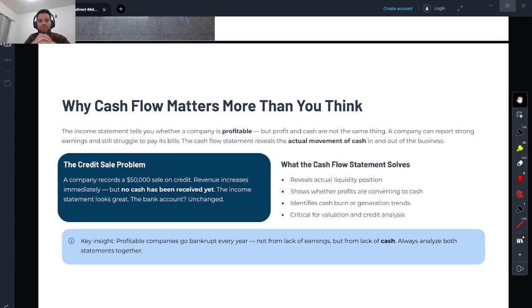So the income statement looks strong, but the bank account remains unchanged. This is exactly why the cash flow statement matters. It helps us evaluate liquidity, cash generation, earnings quality, and whether profits are converting into real cash. So, key takeaway here is profitable companies can still go bankrupt if they run out of cash.